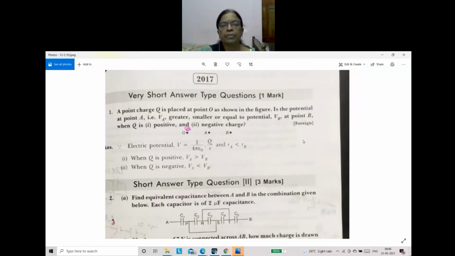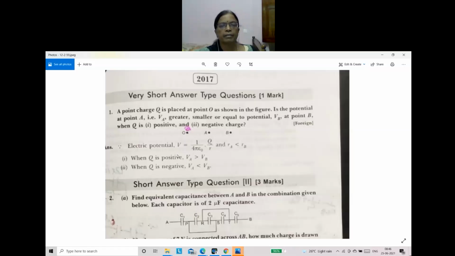A. That means potential at A is greater than potential at B, because it is a positive charge and we are bringing the positive charge. So, potential at A is greater than B when Q is positive.